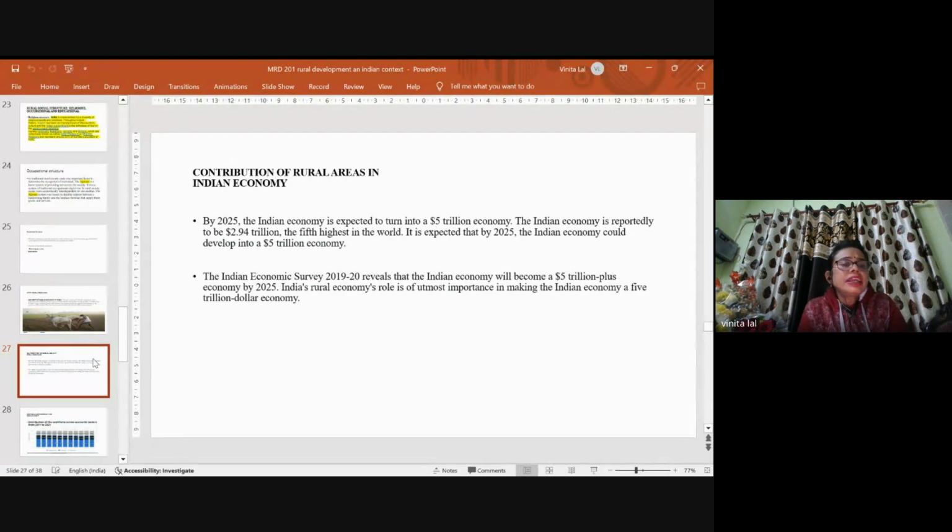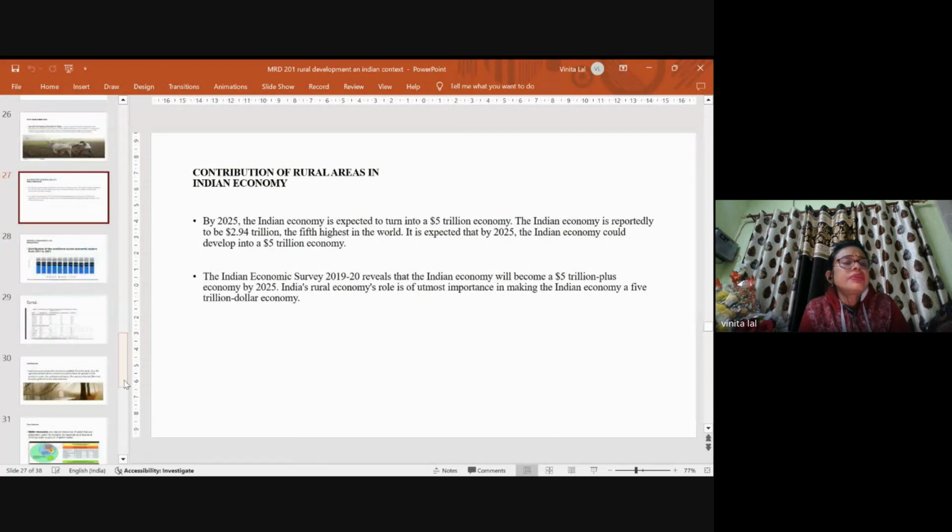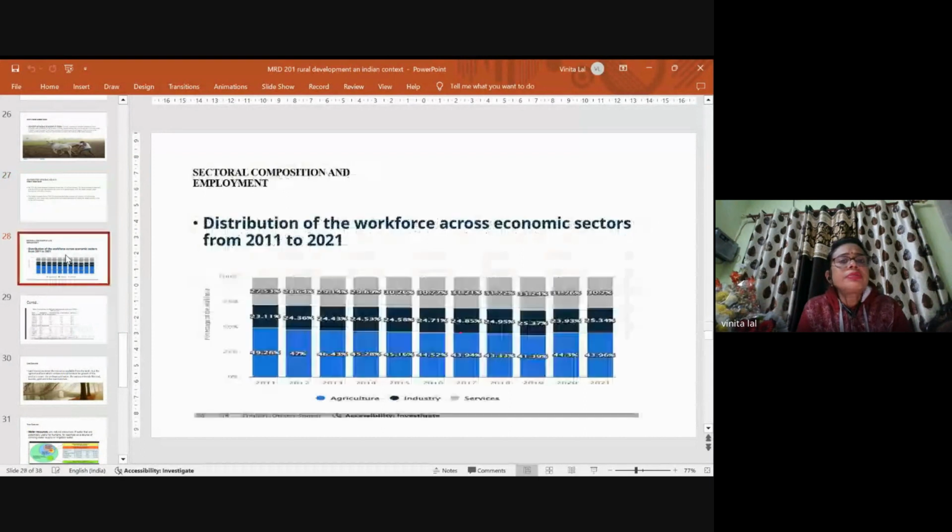I'm not going into detail because this detail is not given in your study material. Now come to the next slide. What is sector composition and employment? Sector composition and employment is just a graph you can see.